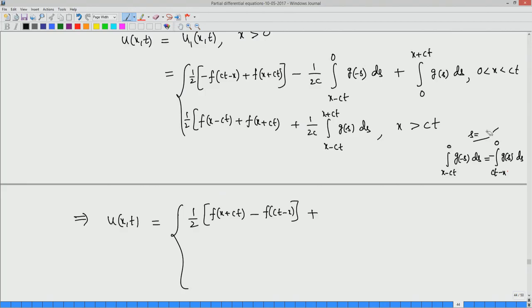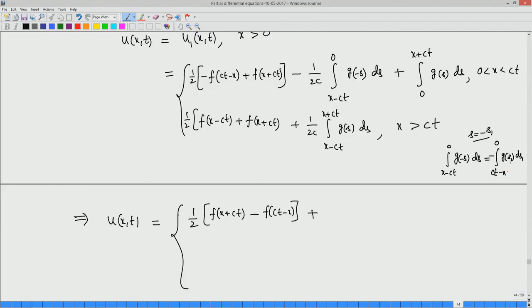So, or put s equal to minus t, if you do so, you have to write g of t dt, or if you call it s1, since t I already used, you have g of s1 ds1. So, this is what you will get.